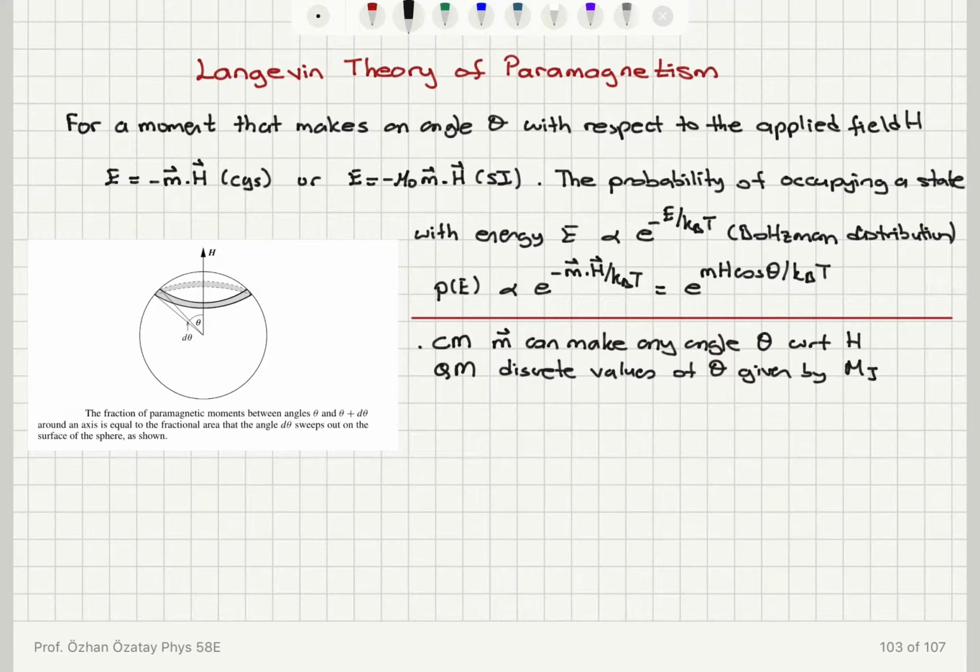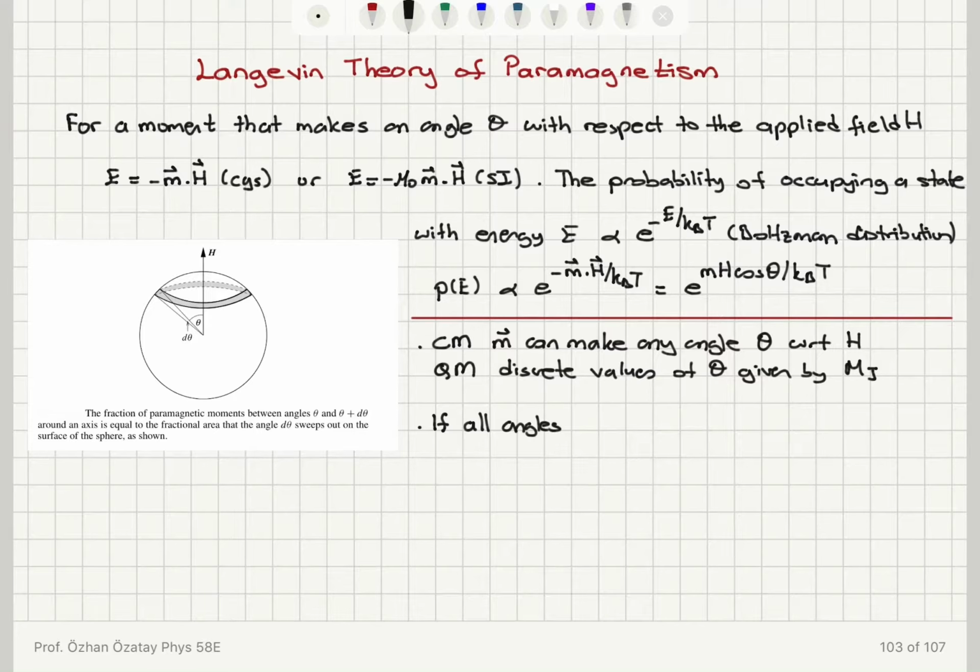Okay, so for a moment I'm going to think that all angles have the same energy, so I have a uniform distribution of angles because I have these randomized moments right at the beginning, and when I turn on the magnetic field they can have any angle with respect to the magnetic field, and assuming that there is no energy associated with the angle, I can think of a uniform distribution of angles. So initially what I'm doing here is wrong, but we're going to start with this.